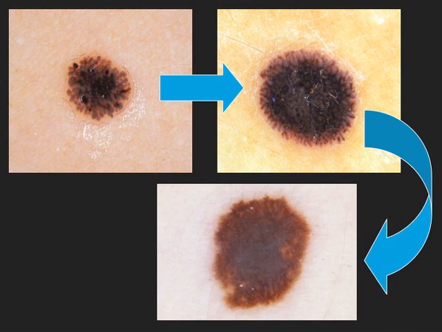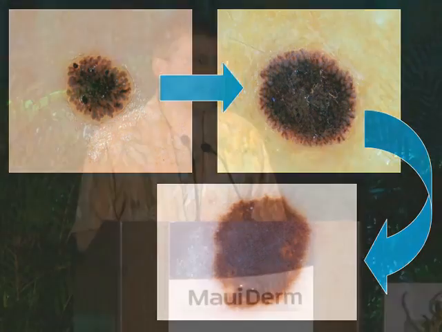It's going to grow in a symmetric fashion, and the pseudopods or the streaks will become smaller, and eventually when this Spitz or Reed's nevus enters senescence, those structures will disappear, and you'll end up with a homogeneous nevus with a central blue-white veil.